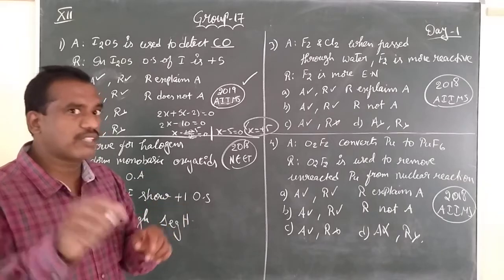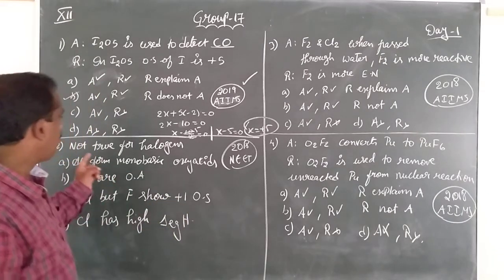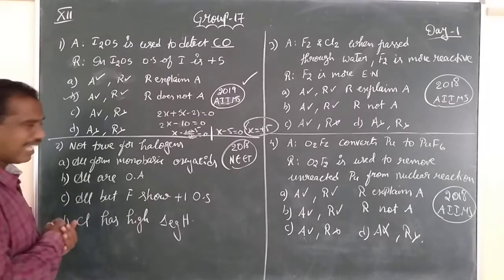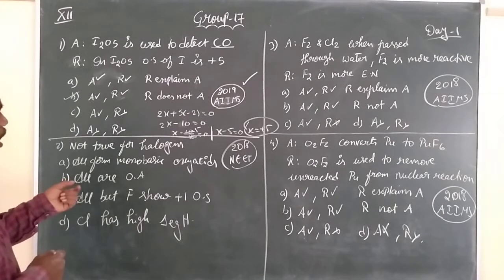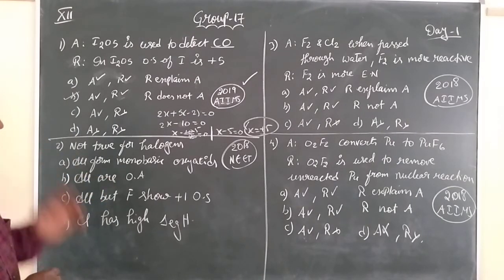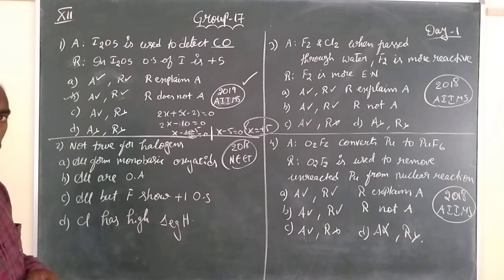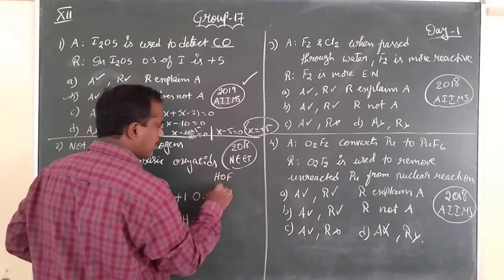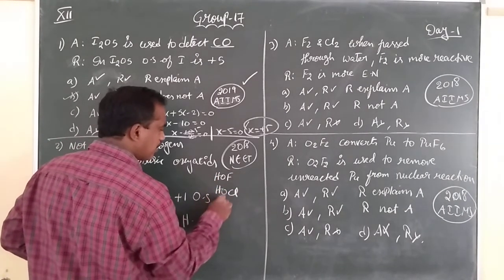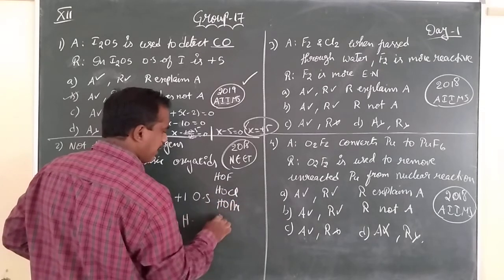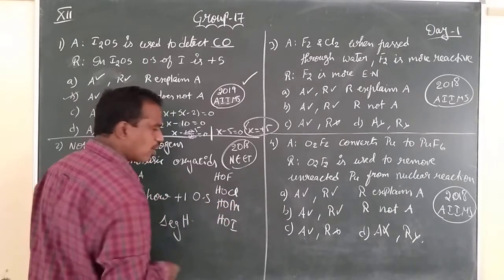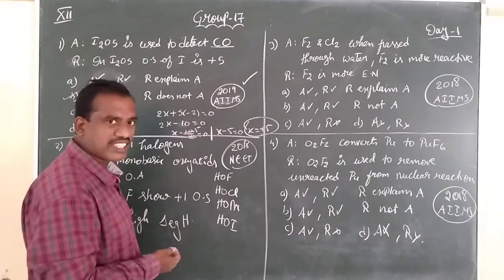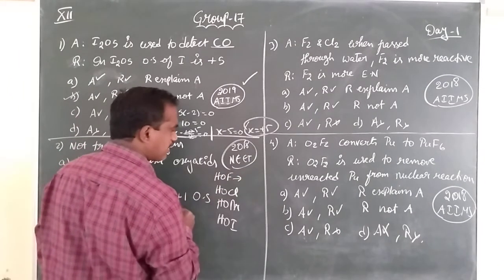Once you review the topic that was taught today, then go for this question: not true for the halogens. You must find out which is not true for the halogens. All form monobasic oxoacids. What is meant by monobasic oxoacids? If you see HOF, HOCl, HOBr and HOI, these are all oxoacids, or we can say hypohalous acids.